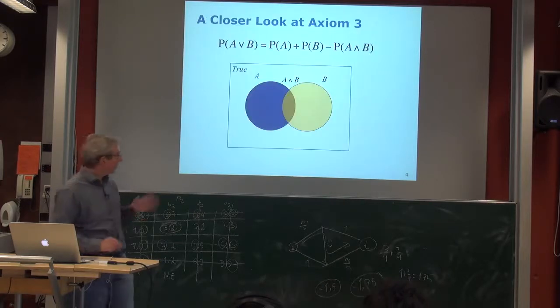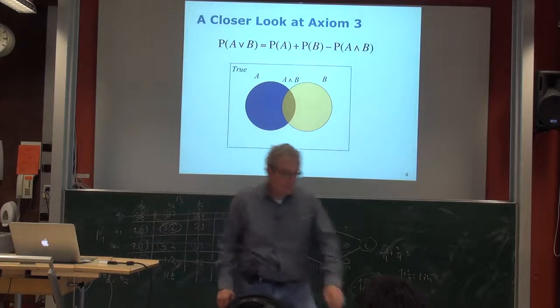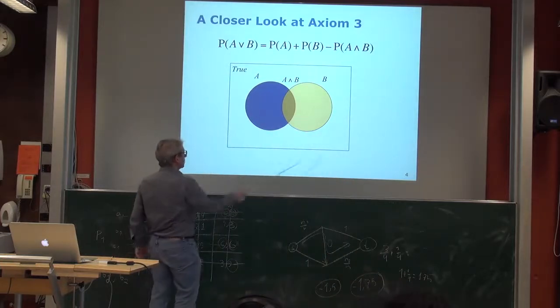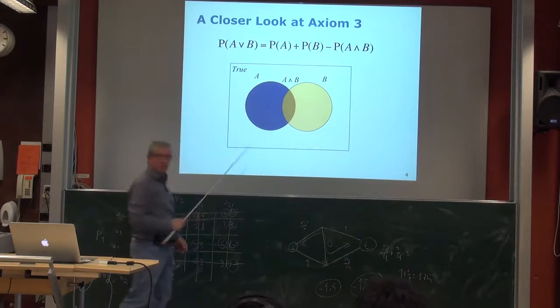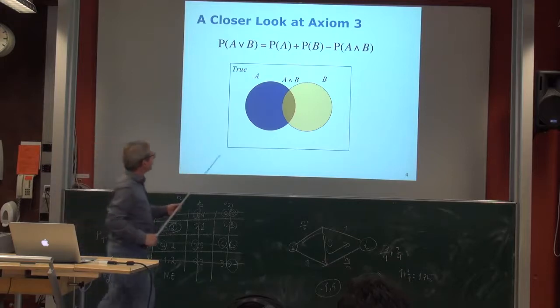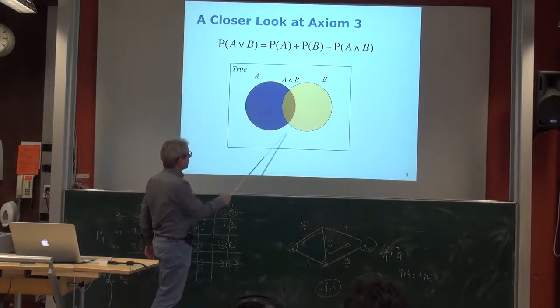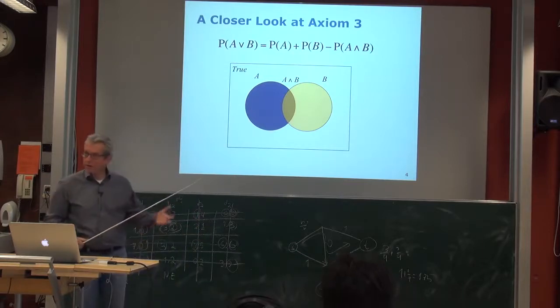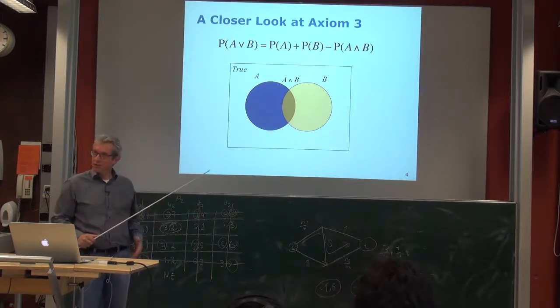So if you look at this figure, let's assume that this is our domain. We rearrange the objects in this domain so that we see in blue all cases where A is true, all objects for which A is true.